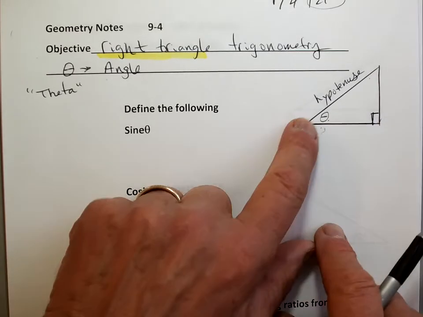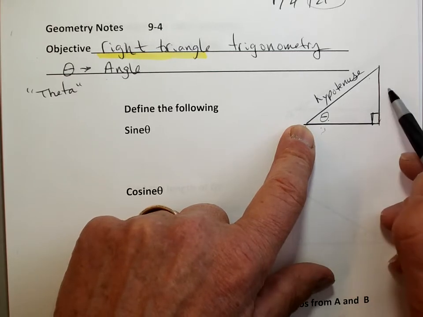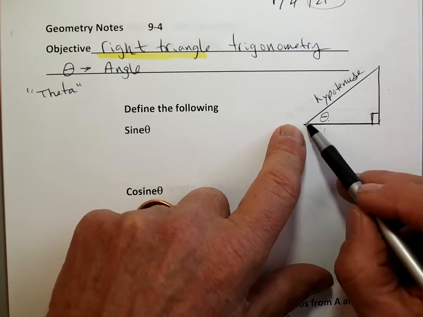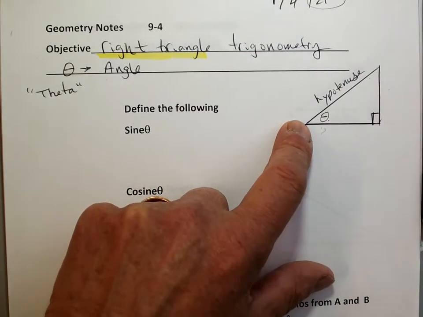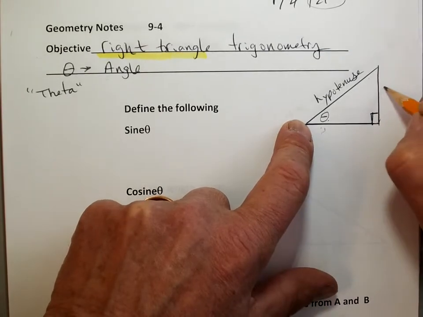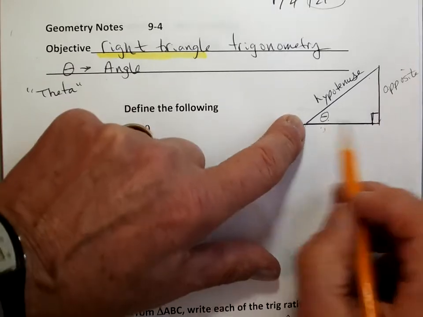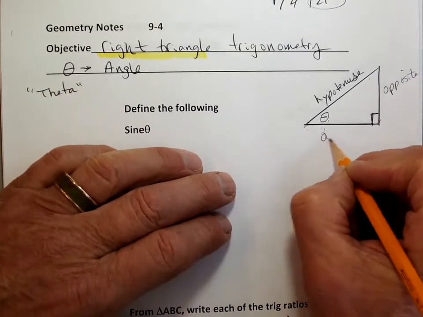Now, if I'm here, then the side opposite would be my opposite side, okay? Think about this as being a big triangular lake, and you're standing here and you throw a rock to the opposite side. So this would be my opposite side. And this side here, since I'm standing here, is next to me, so that's my adjacent side.